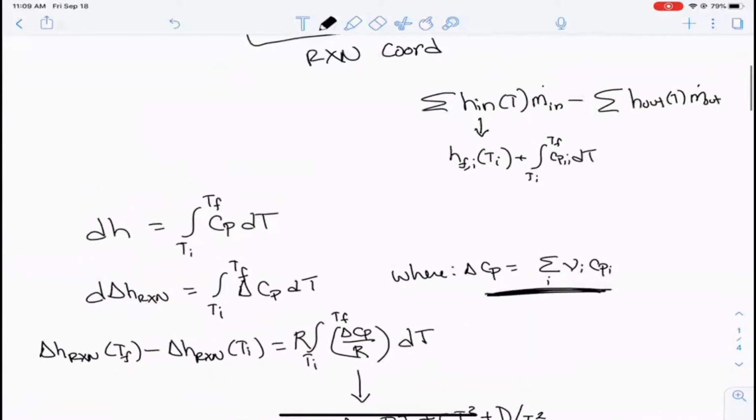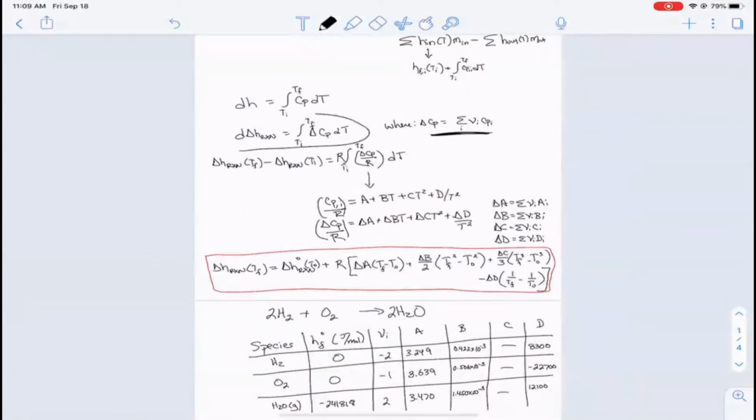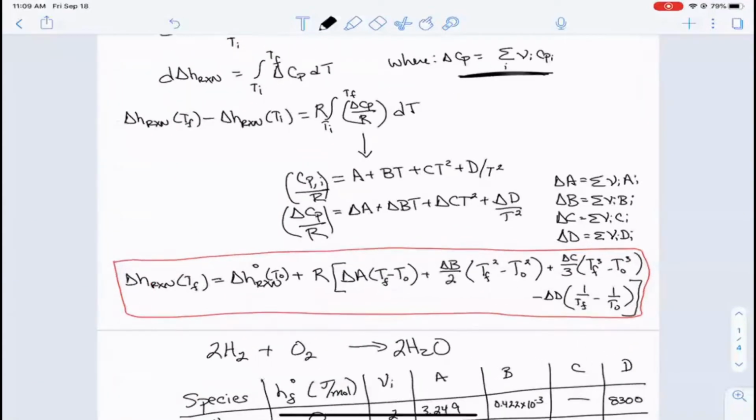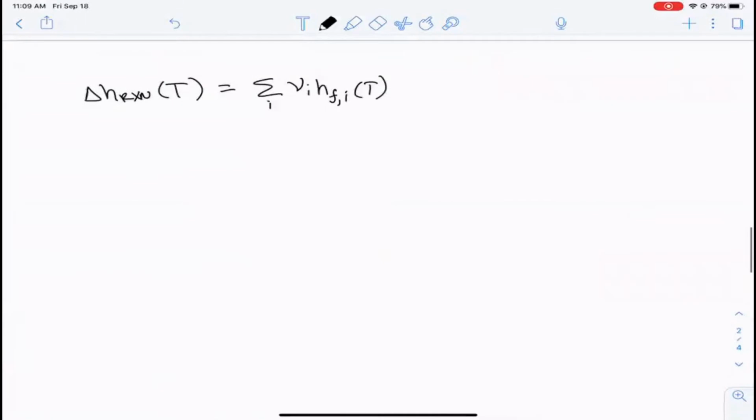So you don't necessarily have to start off with, okay, I'm going to take delta H of reaction as the integral of CP dT. One of the things I could do is start by calculating the heat of formation at any given temperature. And of course, delta H of formation is still just equal to the integral of CP dT, right?